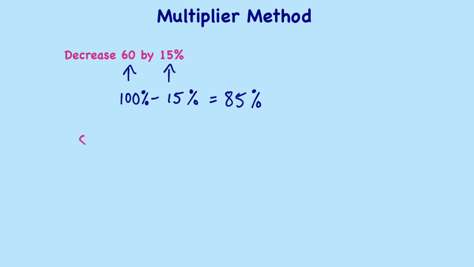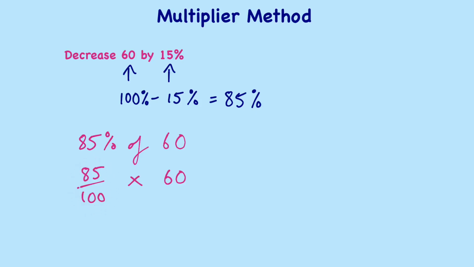So we're going to find 85% of 60. Now we can write 85% is 85 over 100. My of means times, and I've got 60. Now the multiplier is writing 85 over 100 as a decimal.